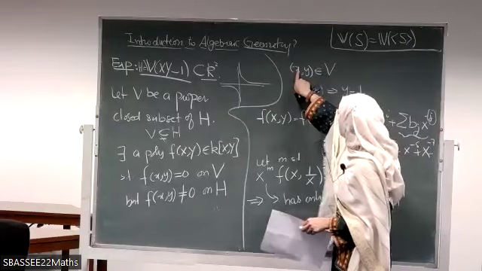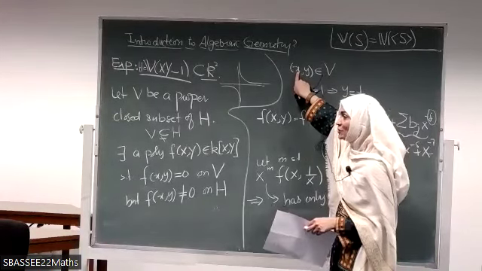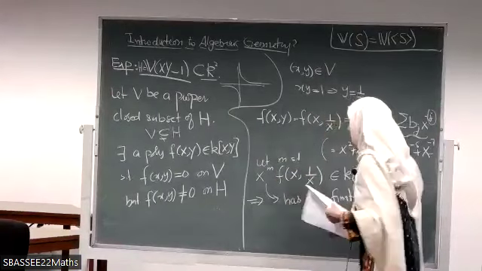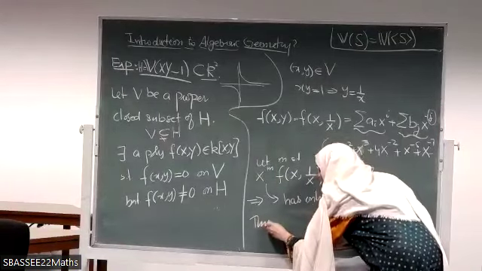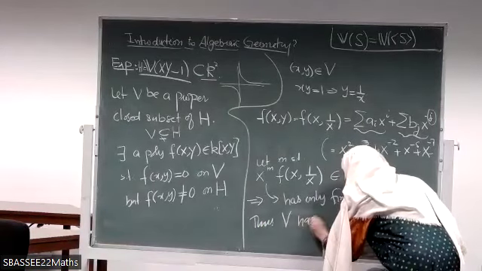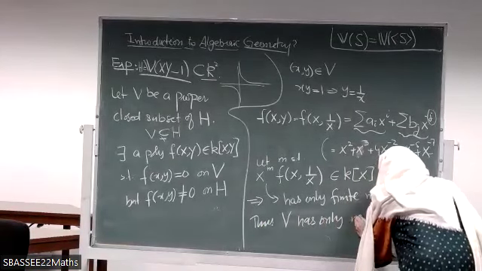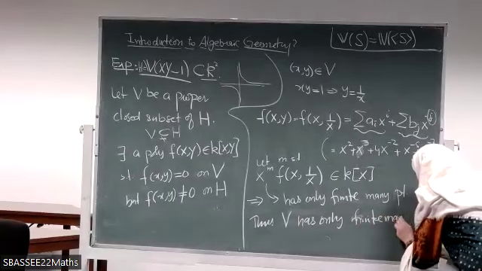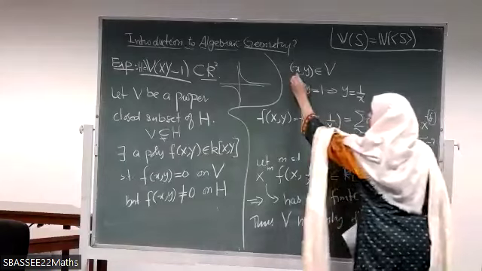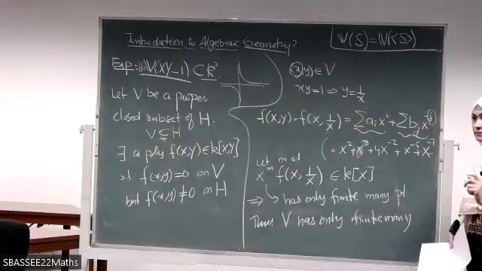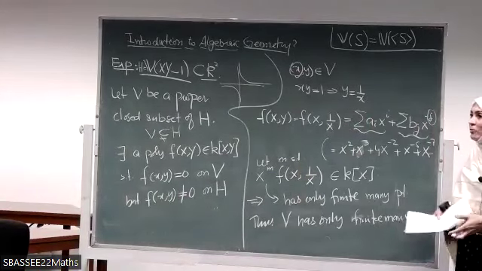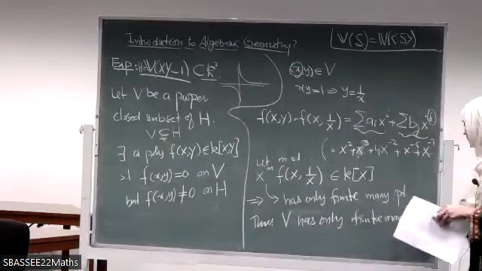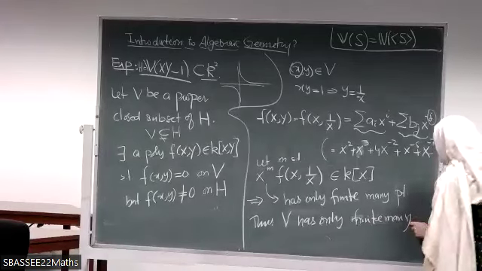So if you are getting just finitely many solutions for x, this means that V has only finitely many points. Because these points are depending on this variable x, the first part, and the other part is just coming from this relation, right? Finitely many points.